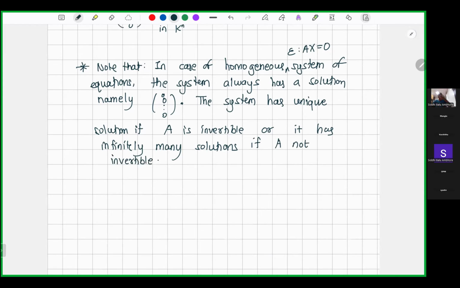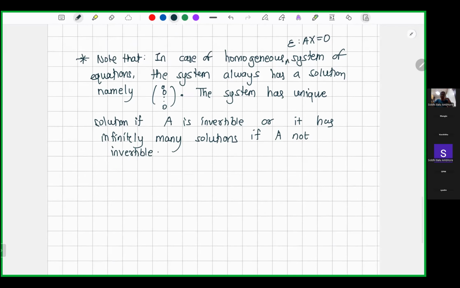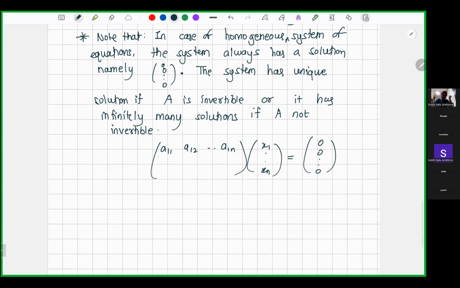And how do we see that these are the only two cases? Because when we write any matrix here, for example, a11 up to a1n, times x1 up to xn, equal to 0, with rows a21, a22, a2n, and so on up to an1, an2, and ann.